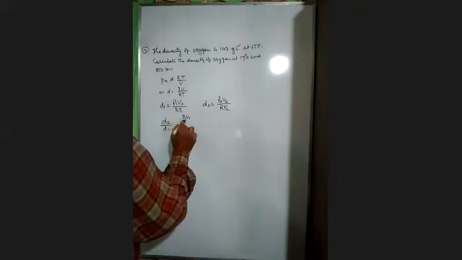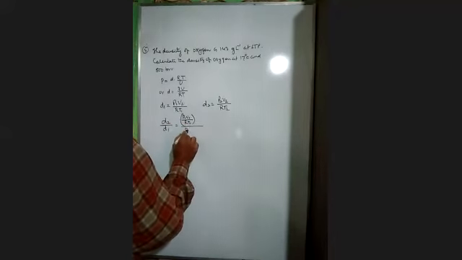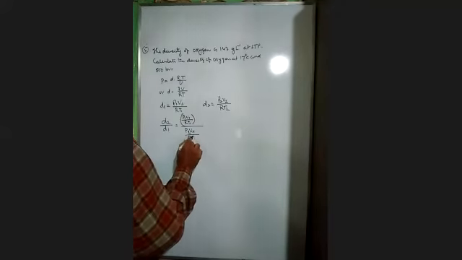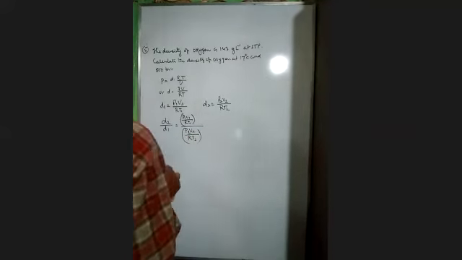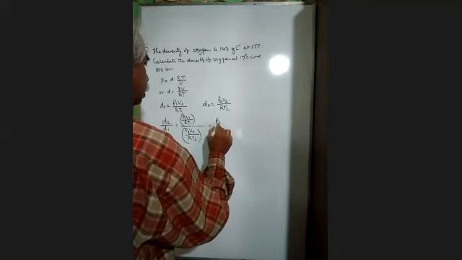P1 V1 by R T1 divided by P2 V2 by R T2. So it will be what? All these things you know it.